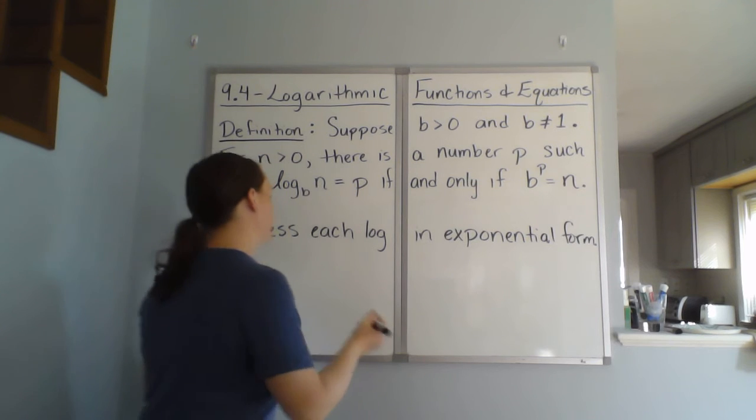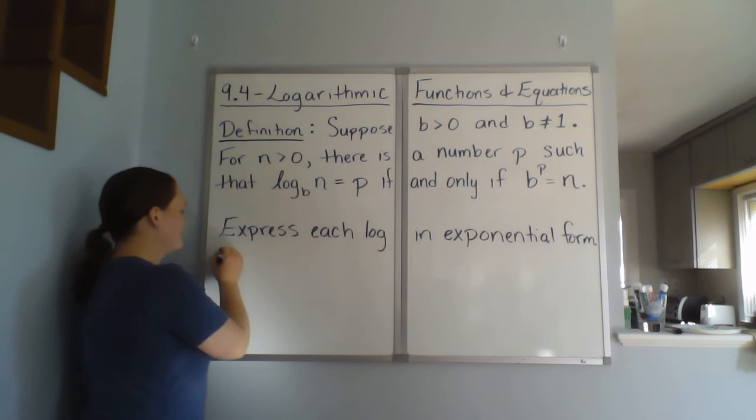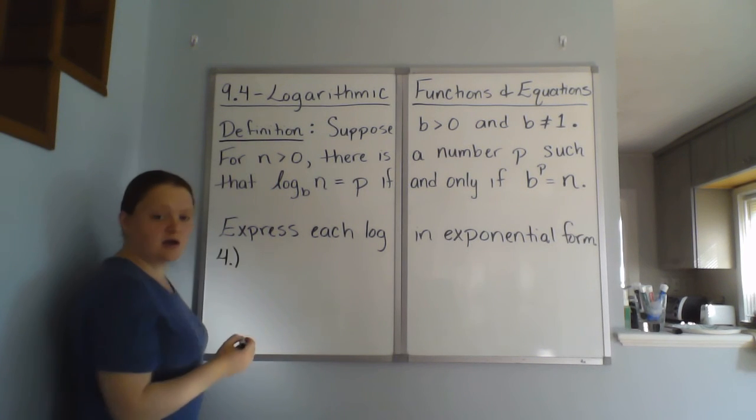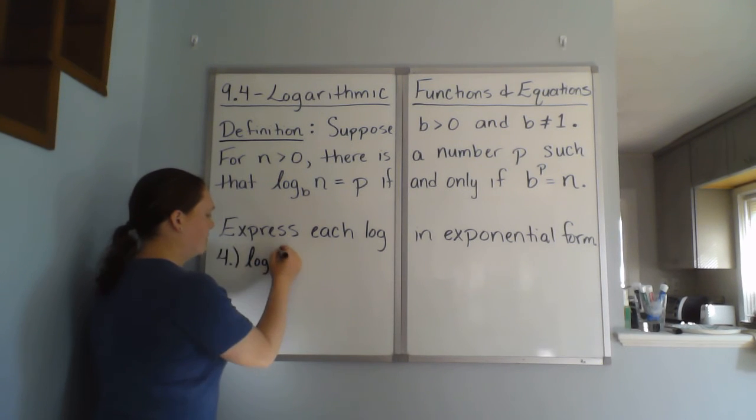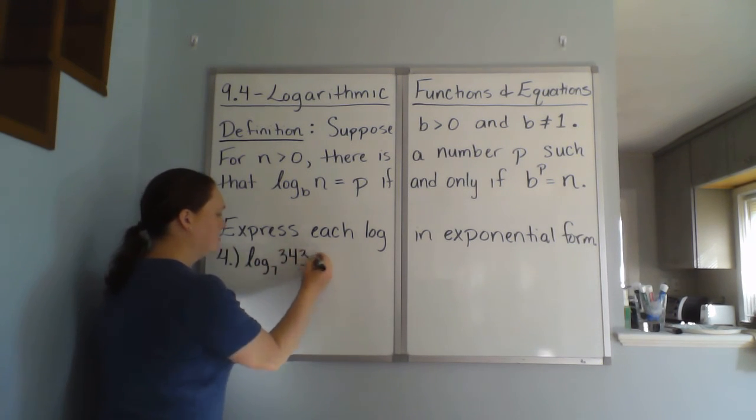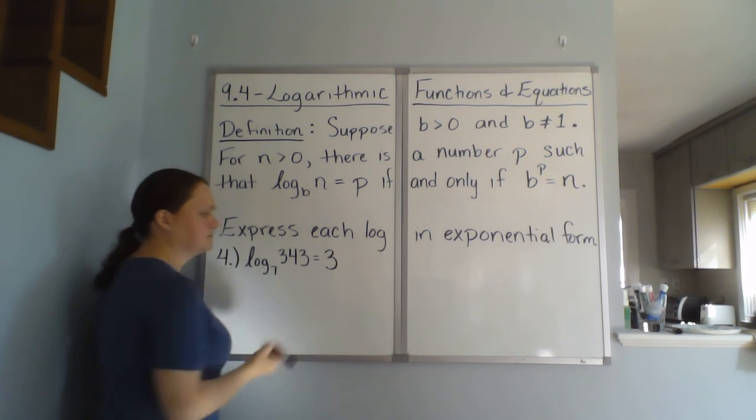Problem number 4, we have log base 7 of 343 is equal to 3.